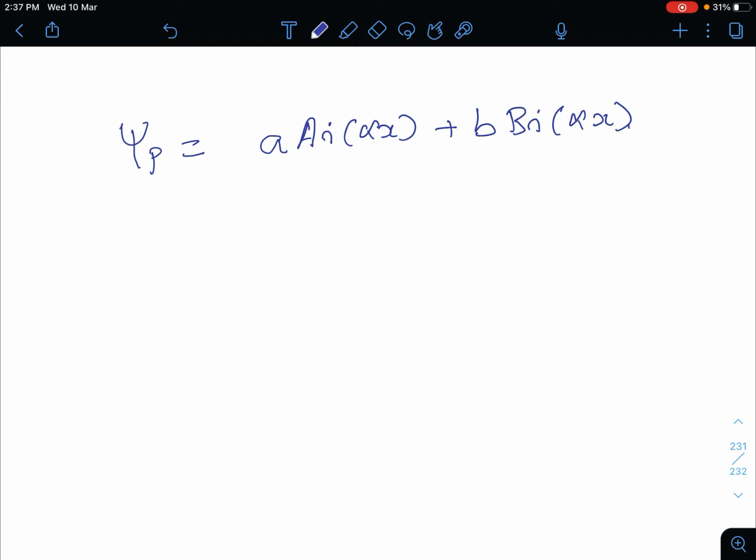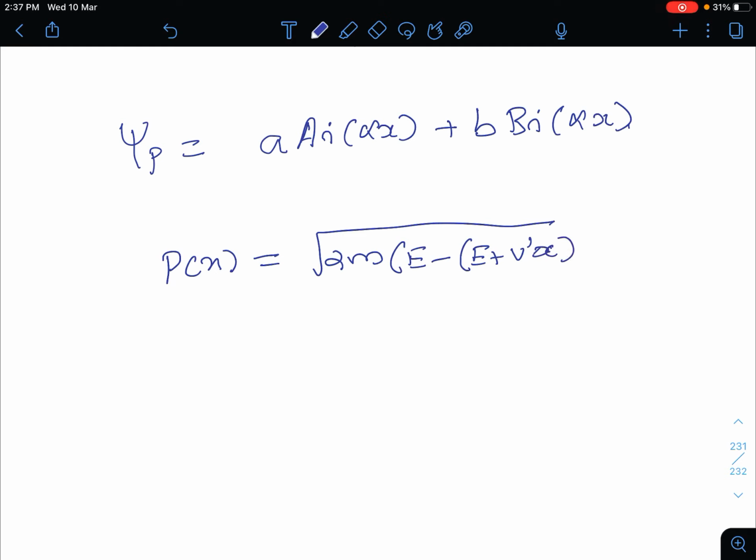Now what is p of x? Our problem all started from this p of x. The problem is because p of x is zero. But now we replaced the V in the back section by something, so that now the p of x can be written as root of 2m into E minus, so what is E minus E plus V dash x, sorry, V dash x, right?